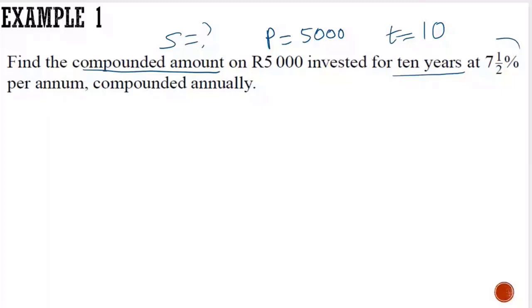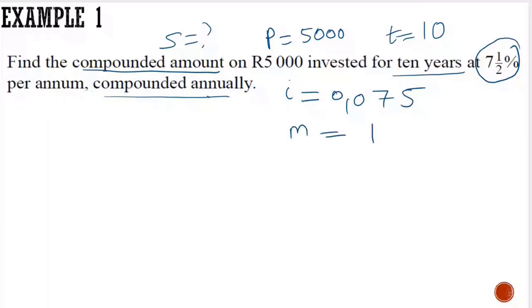So your interest here is 0,075. It is compounded annually. When something is compounded annually, your M is just equal to 1, because annually is once. So now I want us to follow the formula.